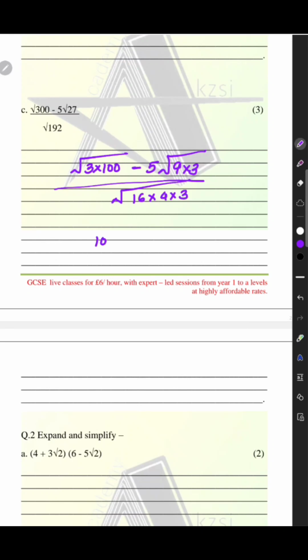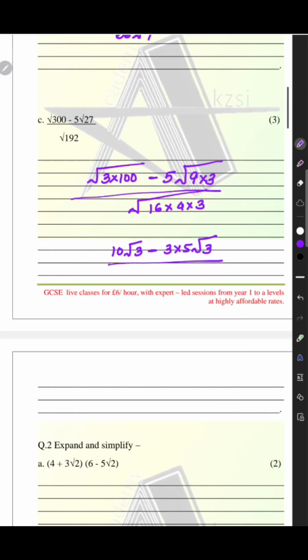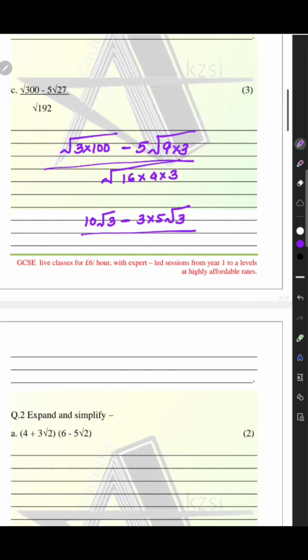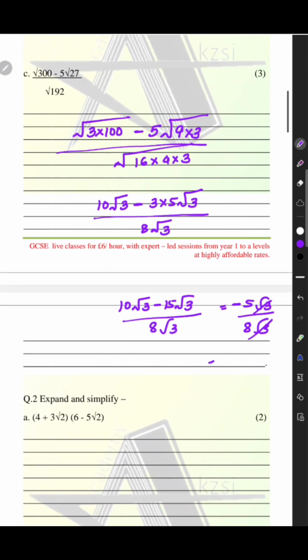So this will be 10 times root 3 minus 3 times 5 root 3, over 4 times 2 root 3. The root of 16 is 4, root of 4 is 2, so it's 8 root 3. So finally I can write 10 root 3 minus 15 root 3 over 8 root 3. That is negative 5 root 3 over 8 root 3. Cancel it out, and the answer is negative 5 over 8.